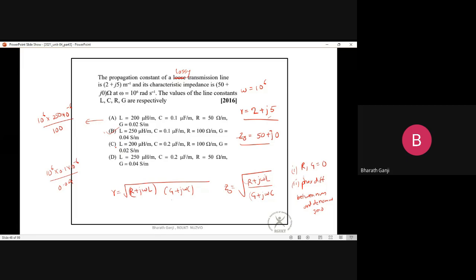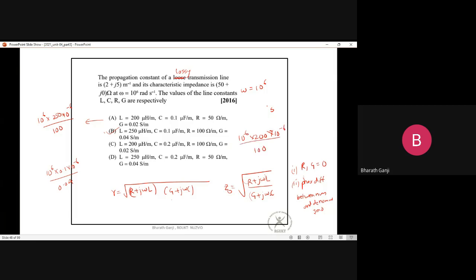Okay, so I guess you understood how you're going with this. Here also, taking j omega L by R, say for example for the numerator omega L, omega is 10 to the power of 6, here L is 200 into 10 to the power of minus 6 divided by R, which is 100.